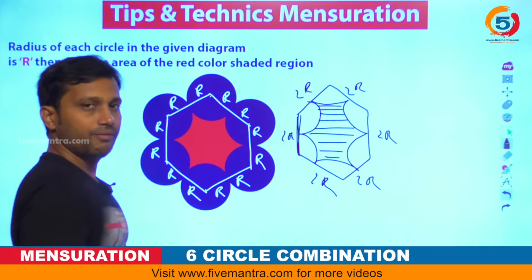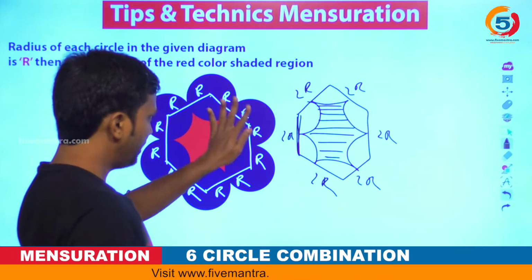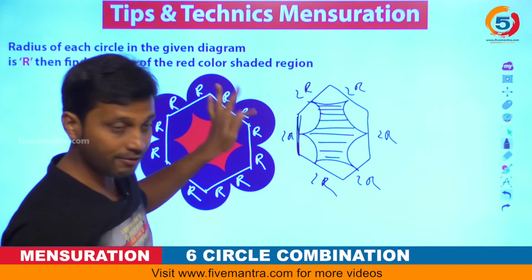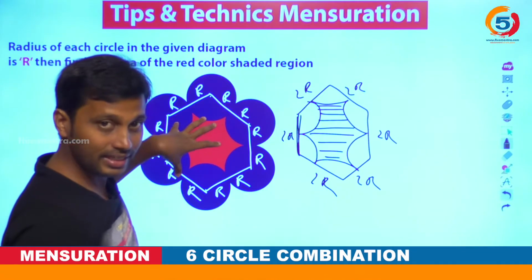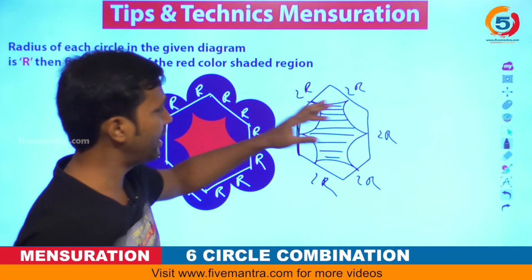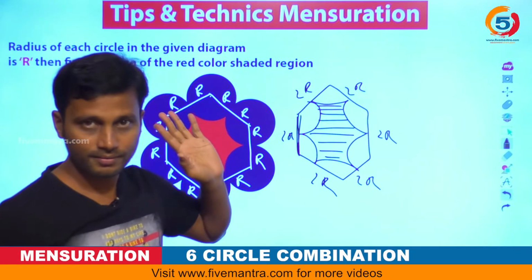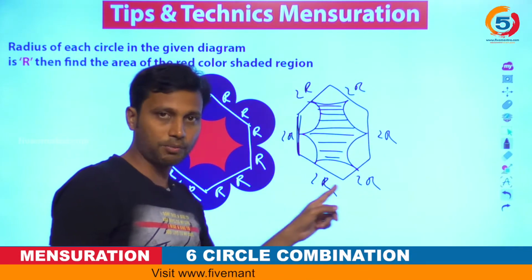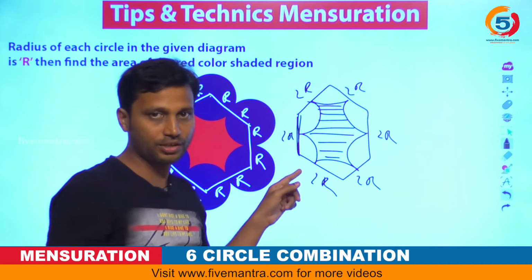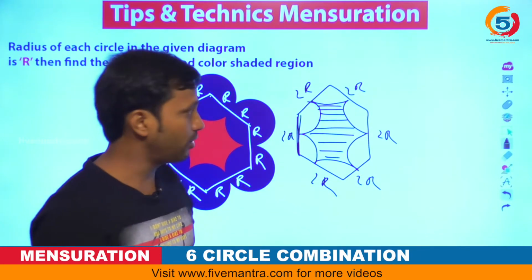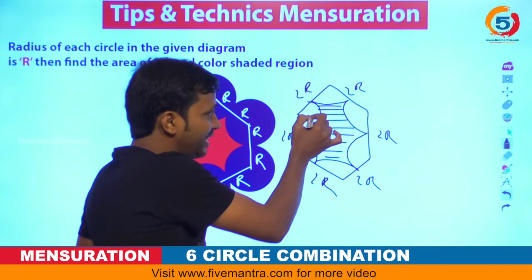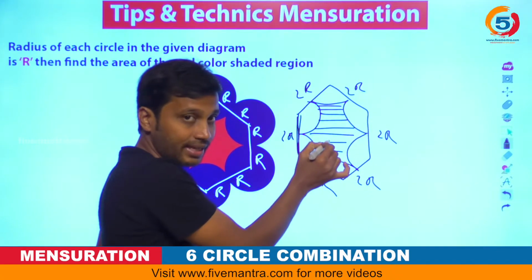That means we have to separate the cross section, the region which is required, from the given diagram, and avoid the rest. Now what did we obtain? It's a regular hexagon. From this regular hexagon, 6 unshaded portions are there.